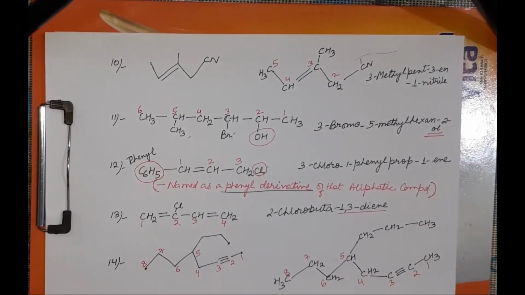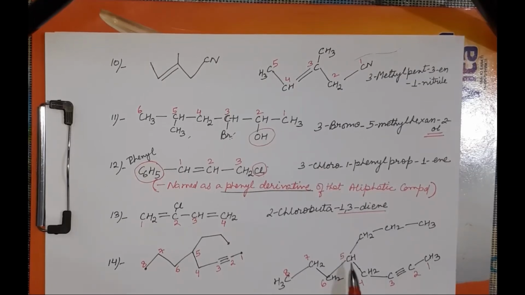I have done the numbering from right to left: 1, 2, 3, 4, 5, 6, 7, 8. If we go the other way, it will be the same. In both ways the parent chain has 8 carbon atoms, so we can consider either way.